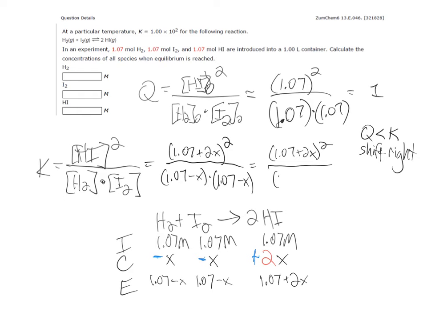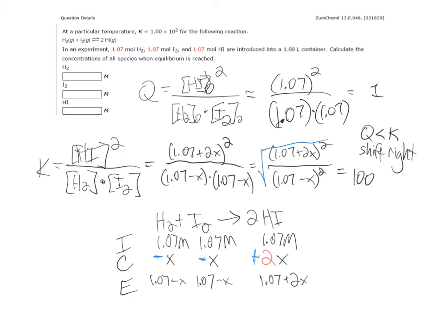So in the numerator we have something that's squared, and if you multiply the two items in the denominator you'll get 1.07 minus x squared. All of that is equal to the value of K that they had given us at the beginning of the problem, which is that K equals 100. So now we've got a nice expression which we can take the square root of.